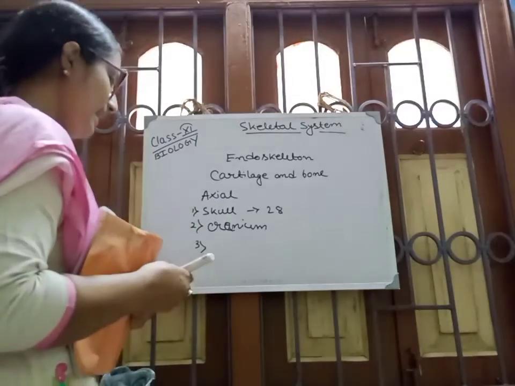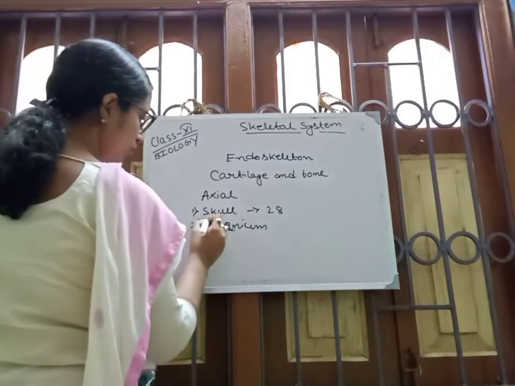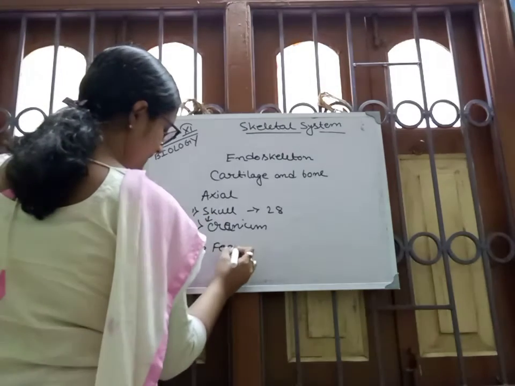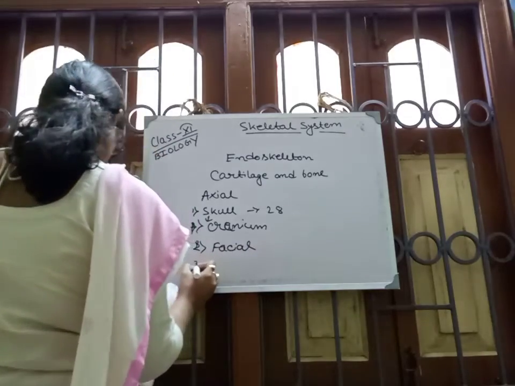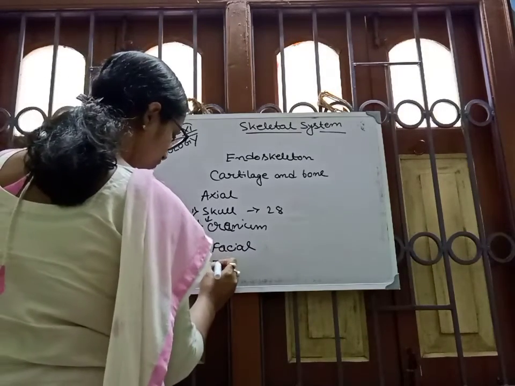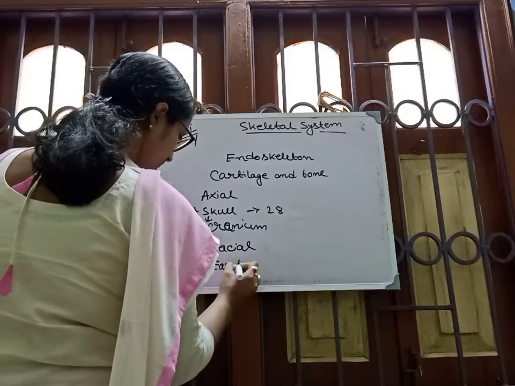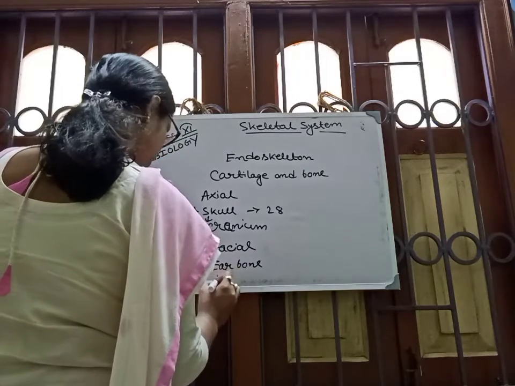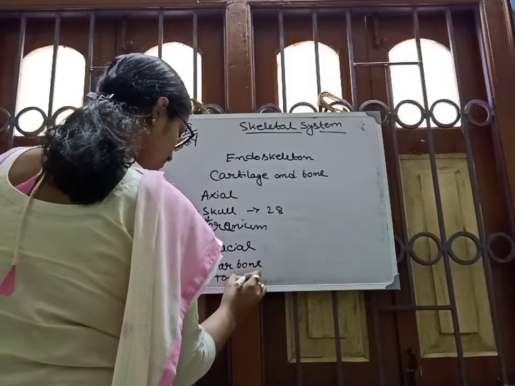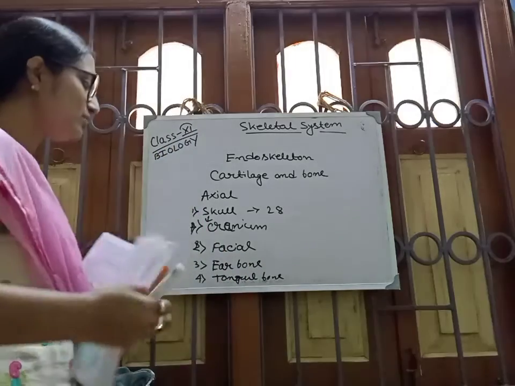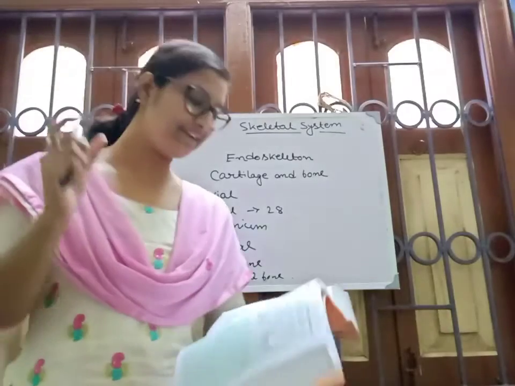The cranium and the facial bones are all skull parts, along with the auditory ear bones and the hyoid or tongue bone. The first one is the cranium.